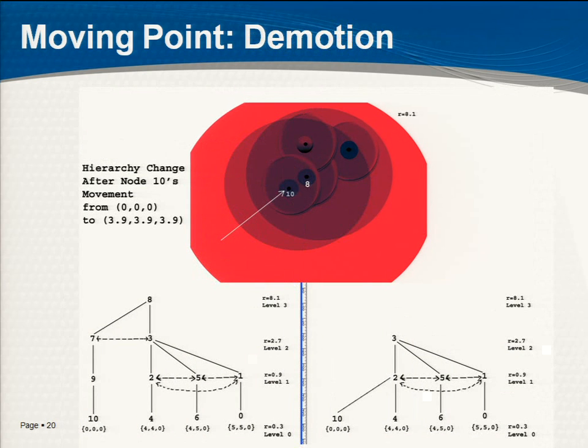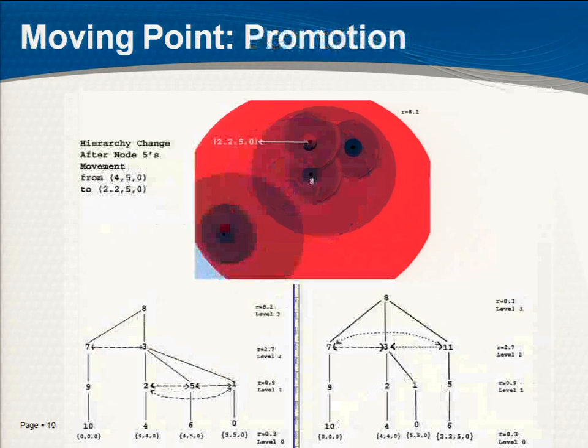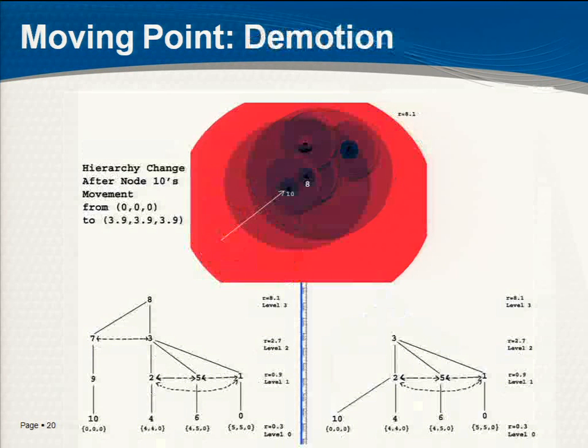What happens for demotion? We already had a point here, as you can remember. Then it moves to here, to this root. Previously it was represented in that level.